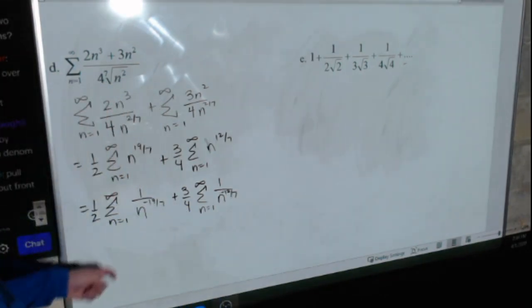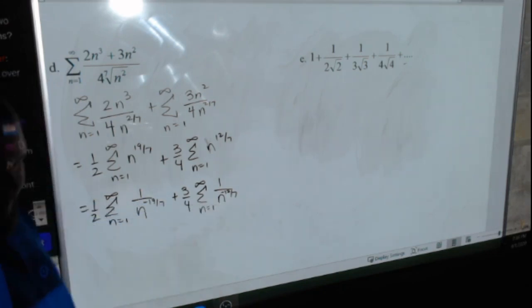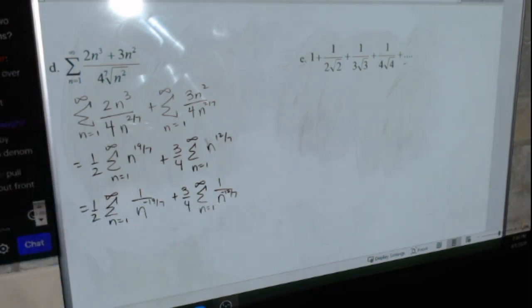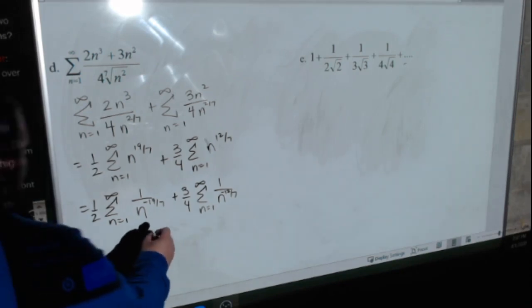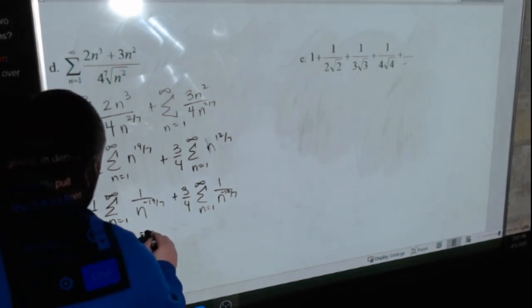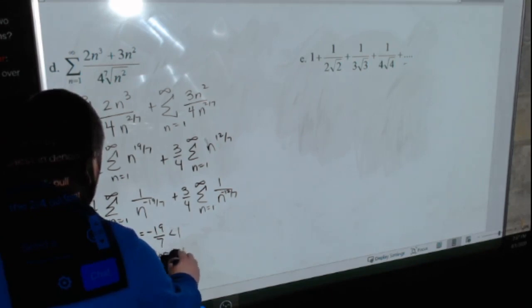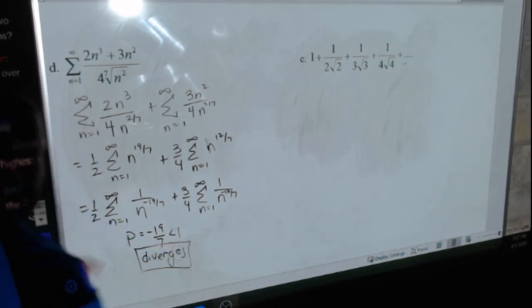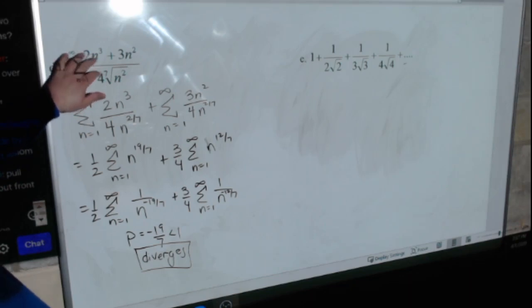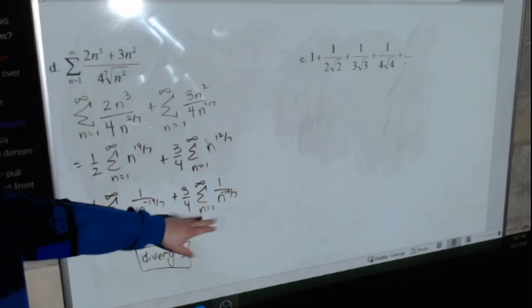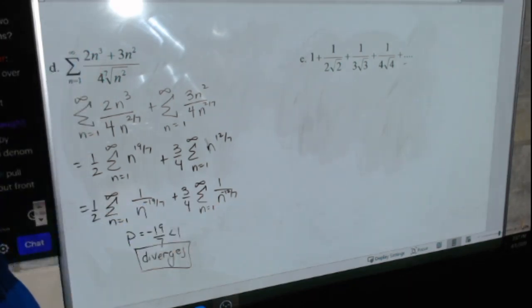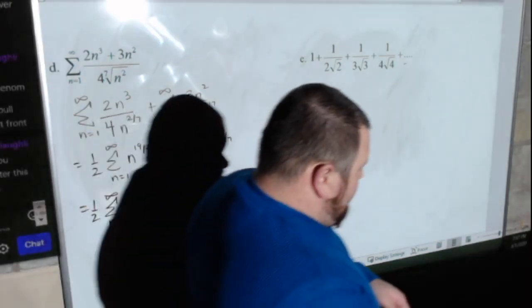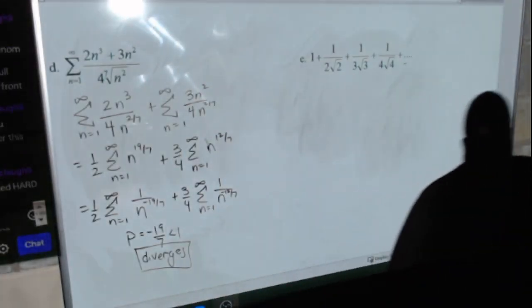Now it turns out in both of these cases, p is a negative number and it's less than 1. Therefore, this diverges. And if one of them diverges, then the whole original sum has to diverge. I don't even care about the other one at that point. Technically, they both diverge, but if I show that one portion of it does, that's enough.